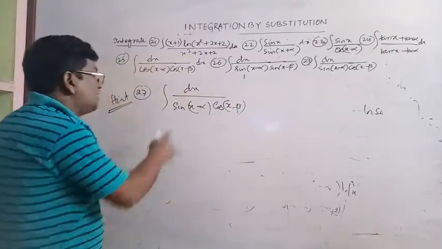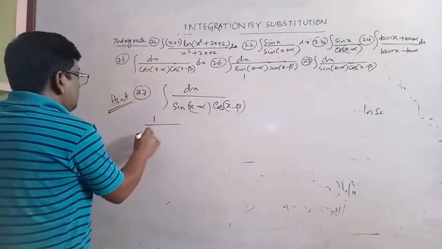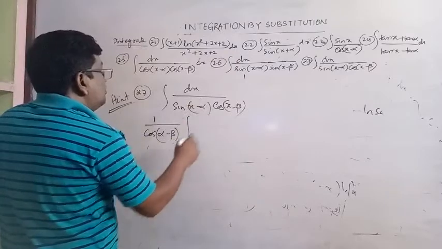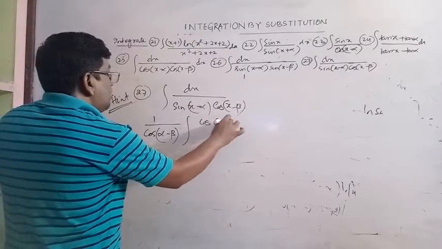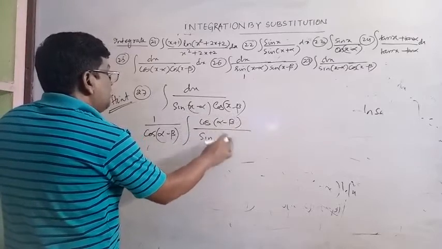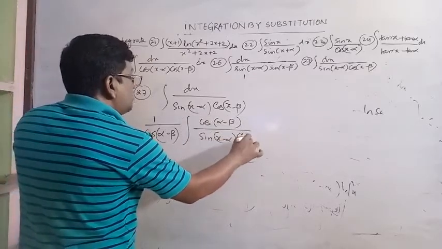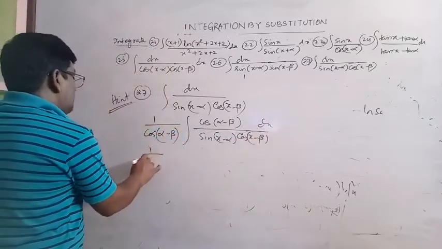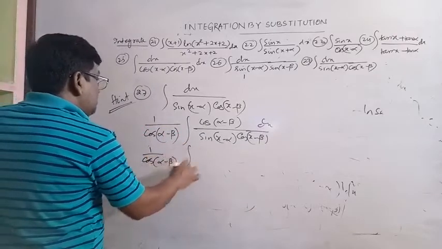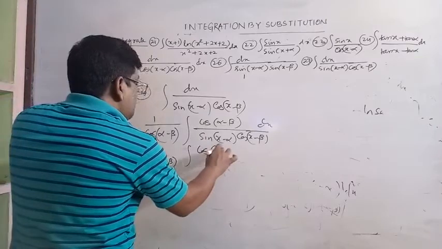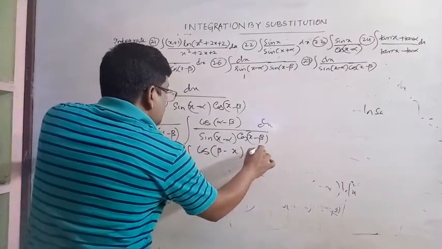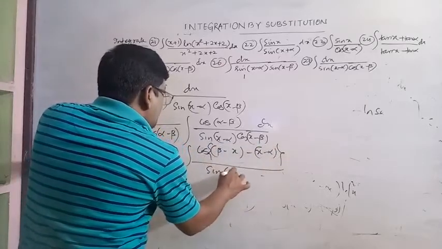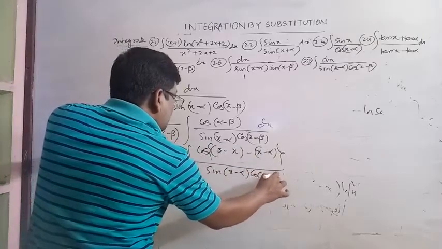So if there is one sin and one cos, then it will be 1 by cos(alpha − beta), divided by cos(alpha − beta) by sin(x − alpha) into cos(x − beta). 1 by cos(alpha − beta), and this is cos of (x − beta) − (x − alpha), over sin(x − alpha) into cos(x − beta).